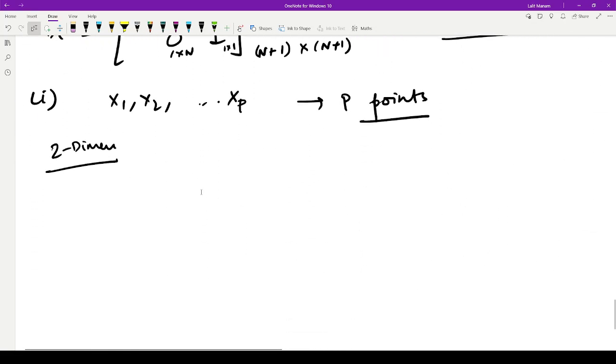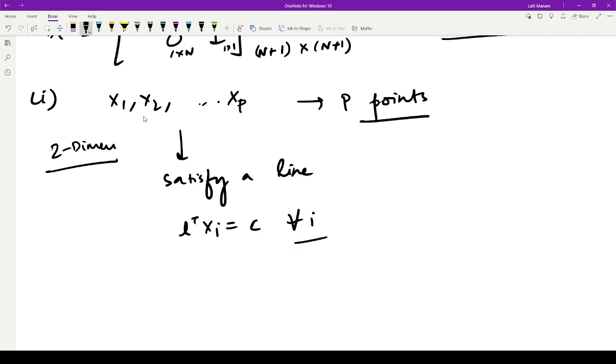How does a line look? If these points satisfy a line, then how does it look? L transpose xi will be some constant C, right? For all values of i. Agreed?